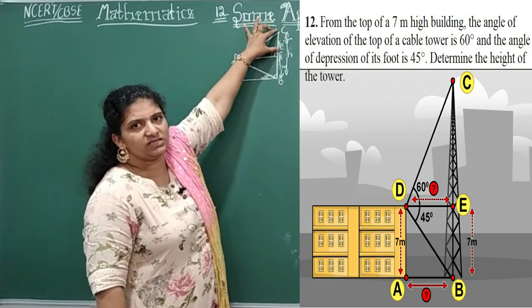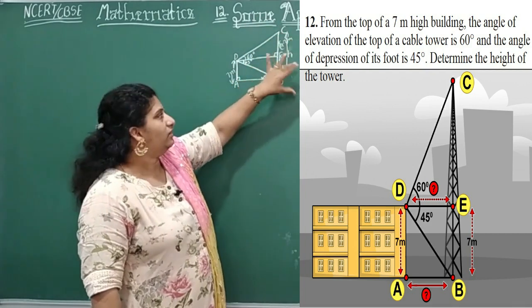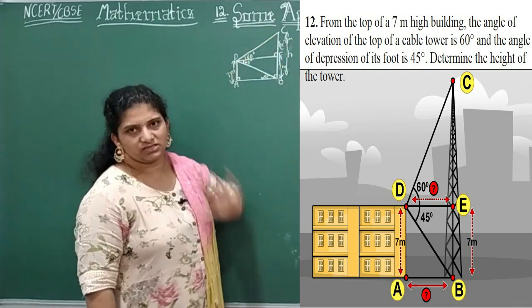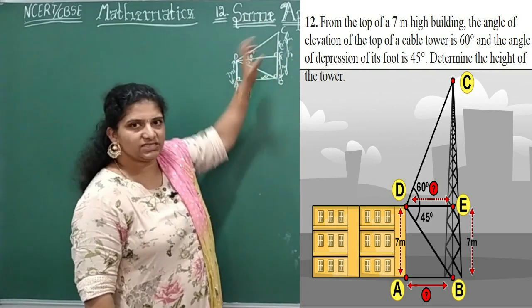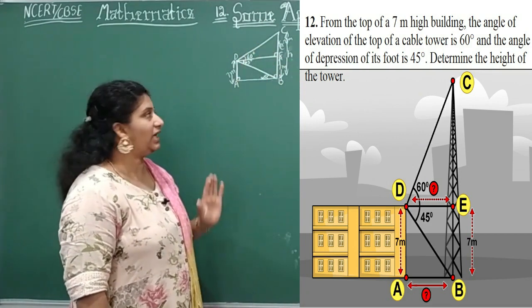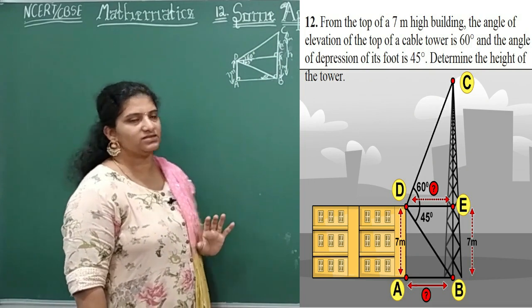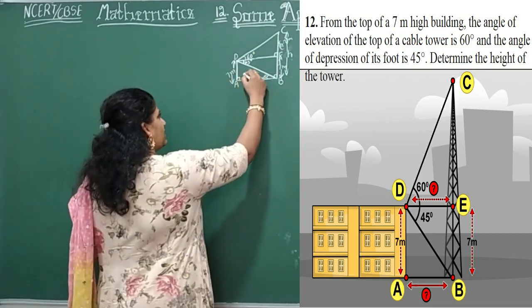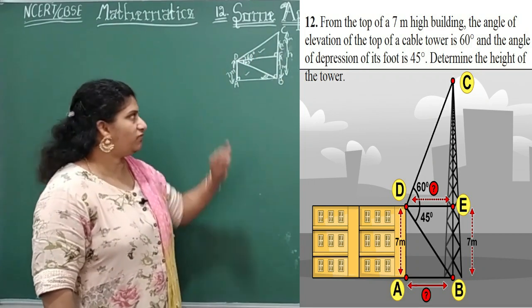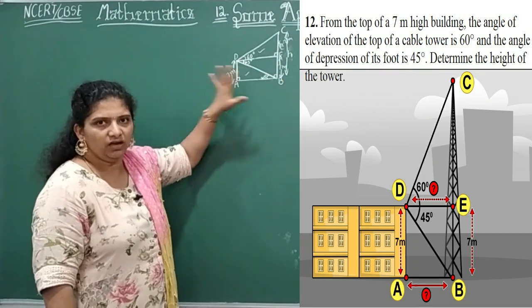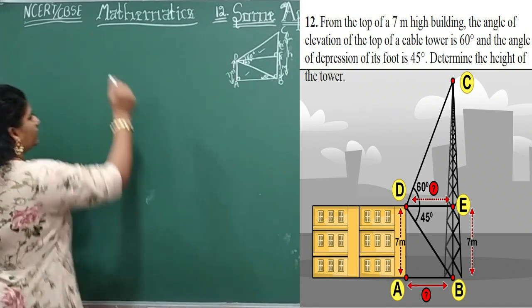So what will this be? Other than 7, the remaining part is this. So how to write this? H minus 7. Now carefully observe the right angle triangles, children. I'm going to take this right angle triangle and also this right angle triangle. If you are able to analyze up to here, your problem is almost completed.